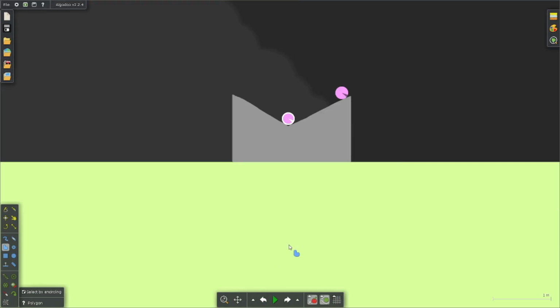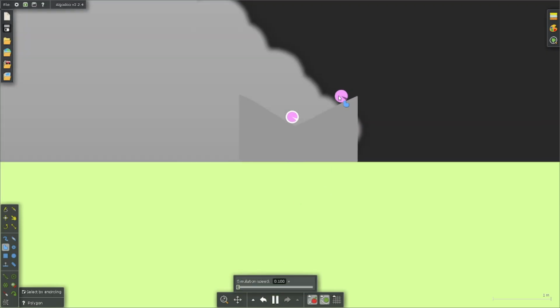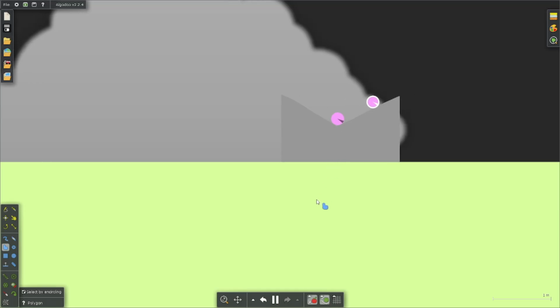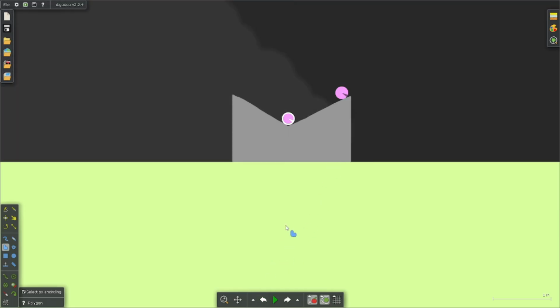Now let's focus on the mass m1. Pay close attention to my cursor. I'll only move the cursor vertically downwards. And so it is clear that m1 moves vertically downwards with respect to the ground.